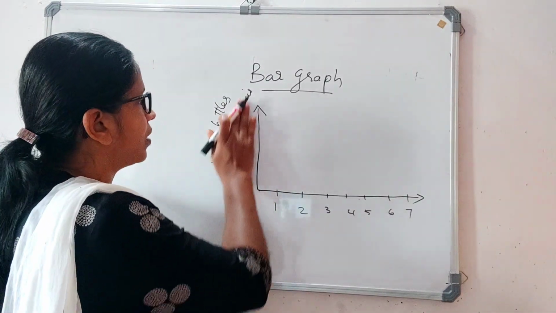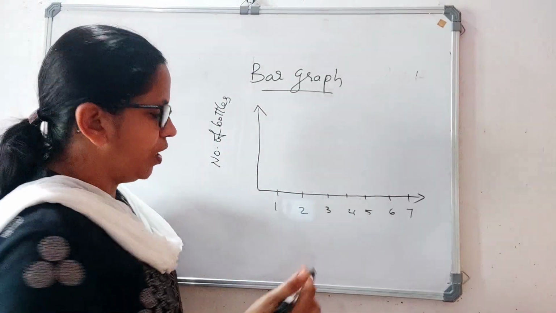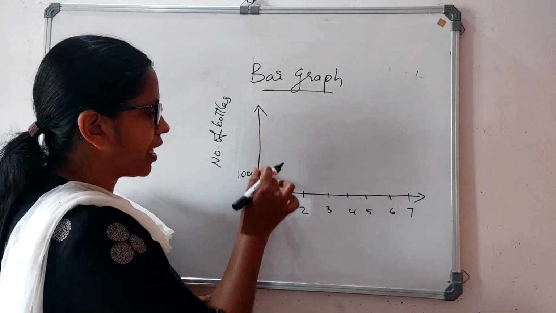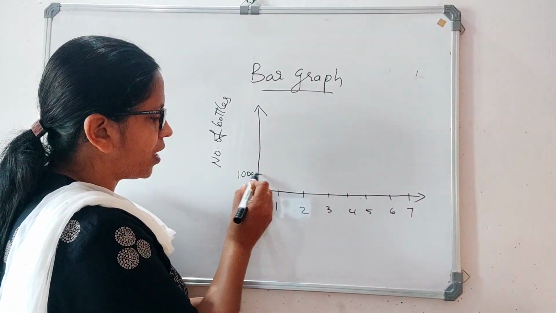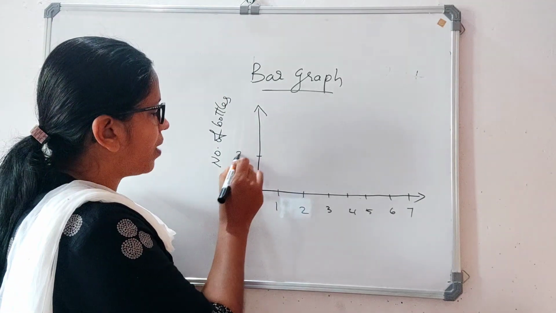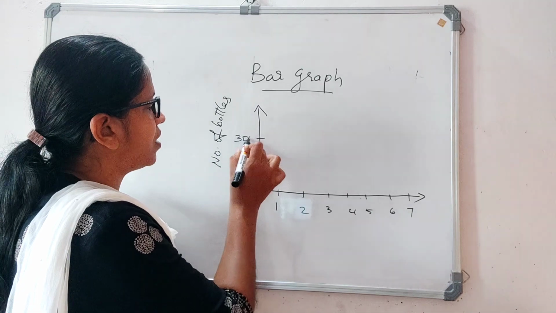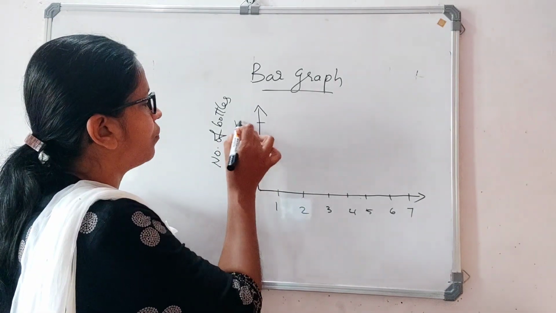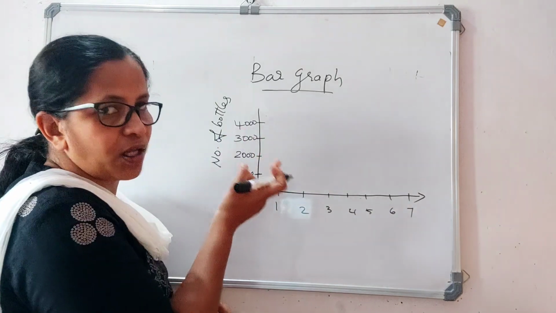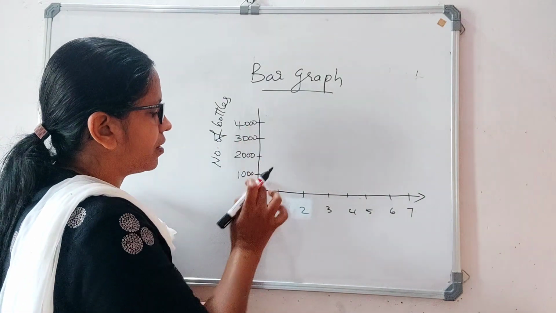Here you can mark the number of bottles. Since the number of bottles is given in thousands, 1 centimeter is equal to 1000. Keep a scale here also. Instead of 1 you mark 1000, instead of 2 you mark 2000, then 3000, then 4000. We don't have 4000 bottles produced, but still the gap should be equal.